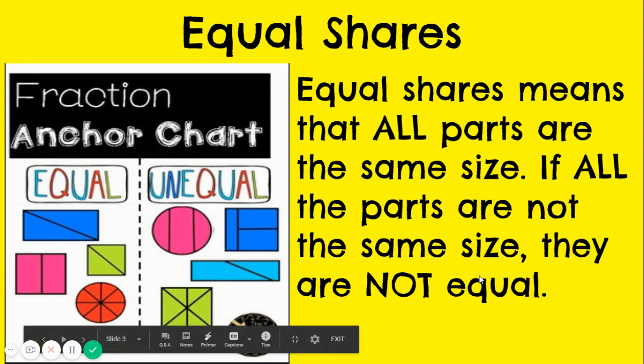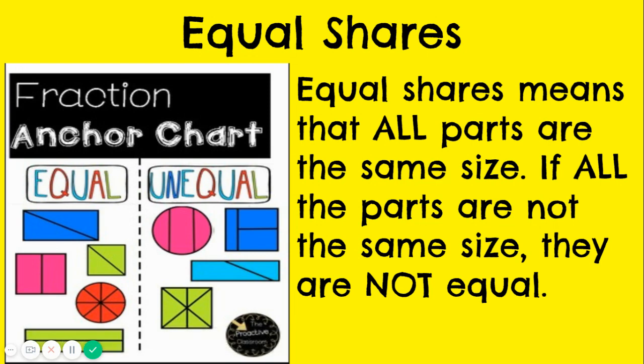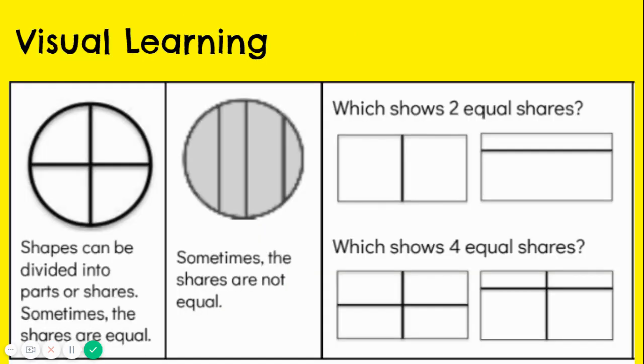So in order for it to be equal shares, remember that all of the parts have to be the same size. Our visual learning says shapes can be divided into parts or shares. So shares is the same thing as parts. Sometimes the shares are equal.